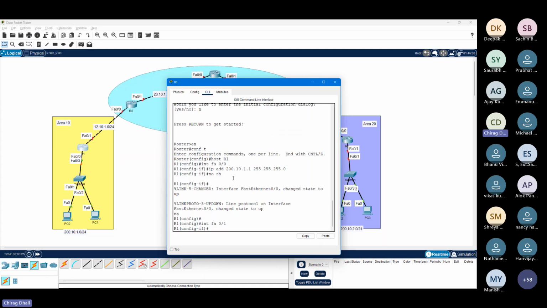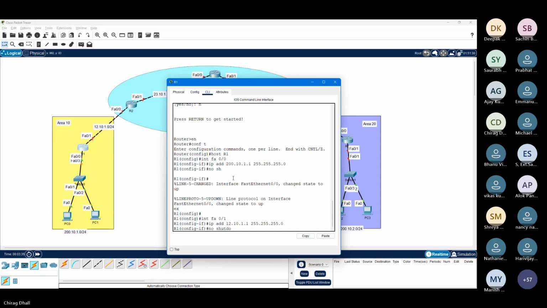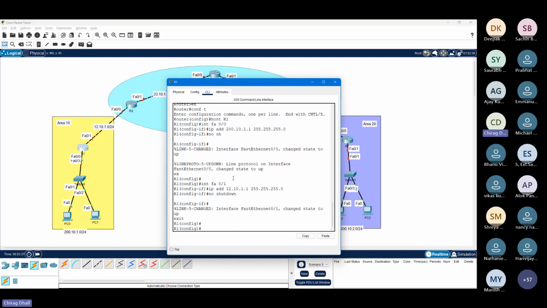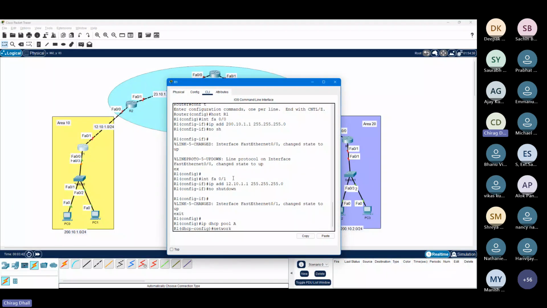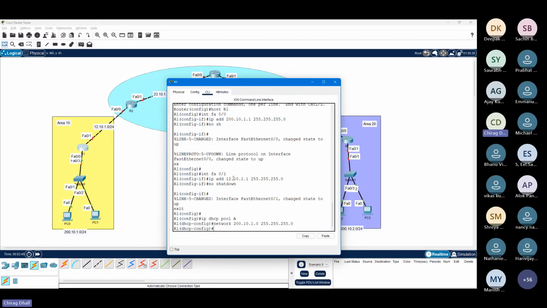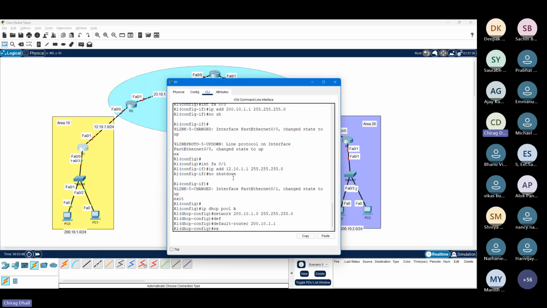On the interface Fa0/1, I'll configure the IP address as 12.10.1.1. No shutdown, exit. Then I will also create a DHCP pool for my network 210.1.1.0 with a gateway address of 210.1.1.1.